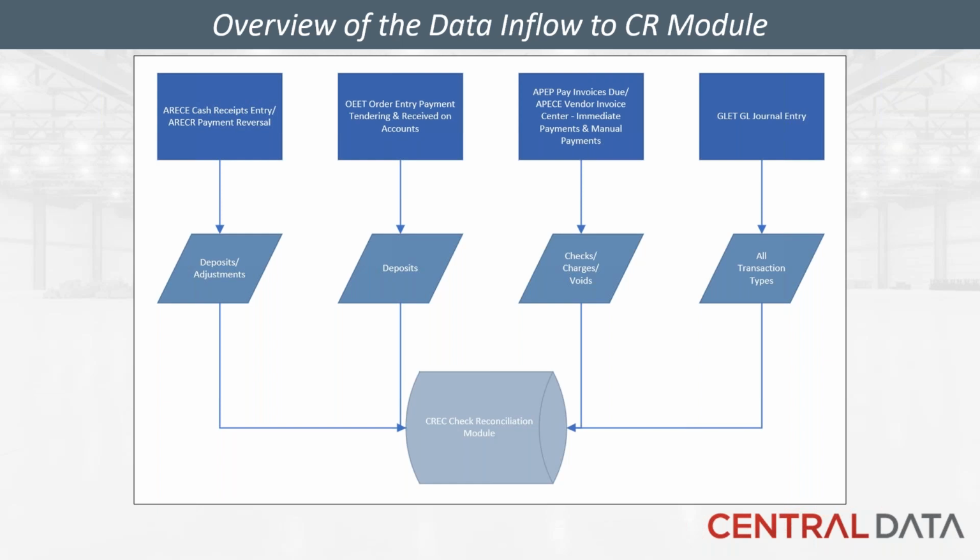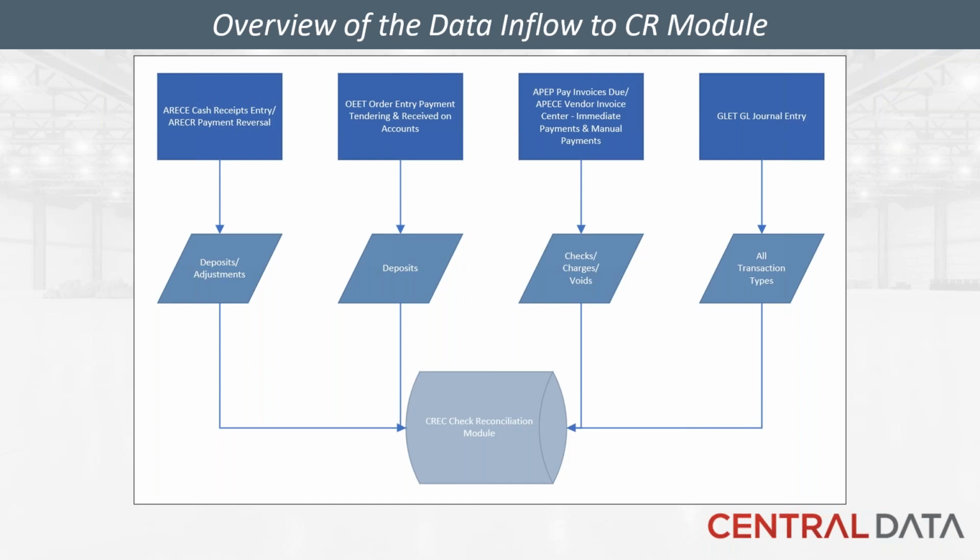We have transactions coming from accounts payable, of course, from APEP, the pay invoices due, and we actually do a formal check run, and from also APECE for immediate pay transactions. If you do any manual payments, that will also flow into the check rec module.